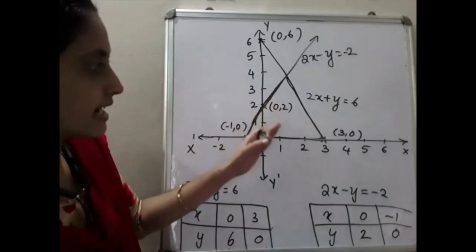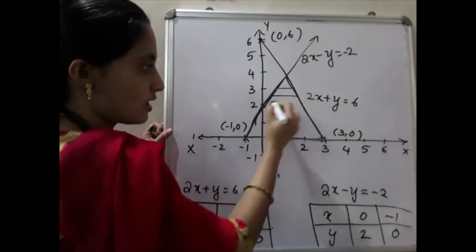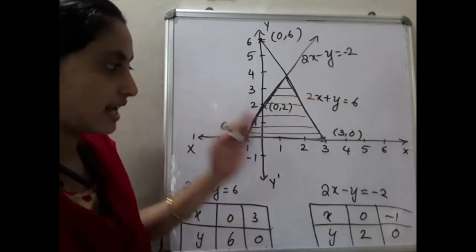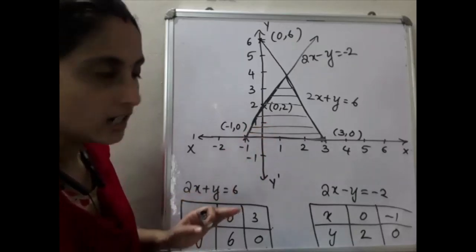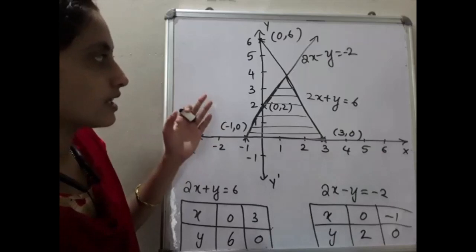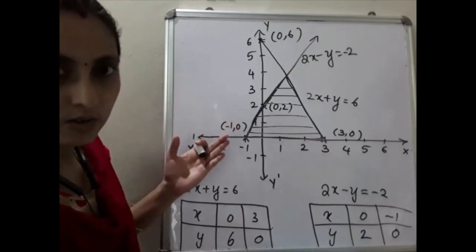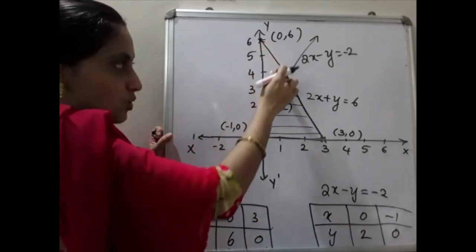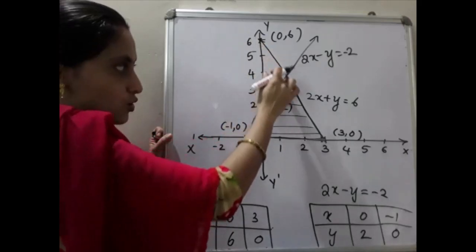The area bounded by these equations and the x-axis is this triangle. If the question is about the equations forming a triangle with the y-axis, then you have to take this other triangle, because these are the two lines cutting the y-axis here.